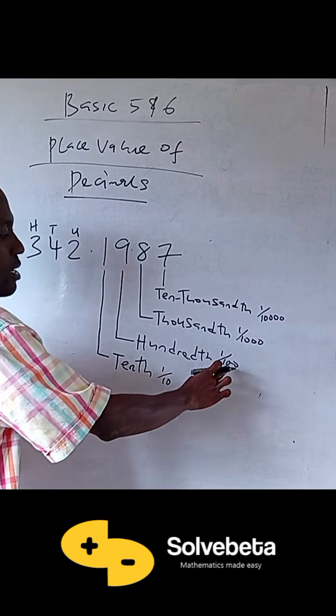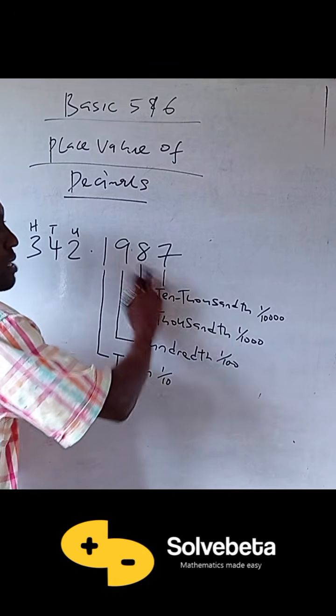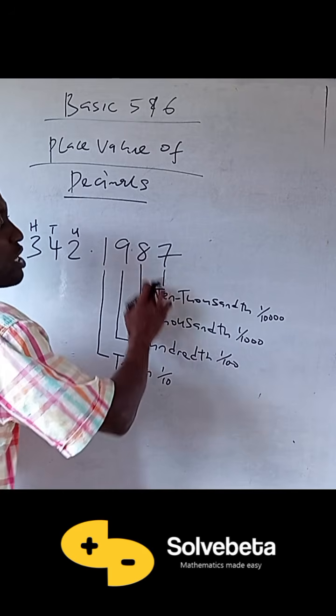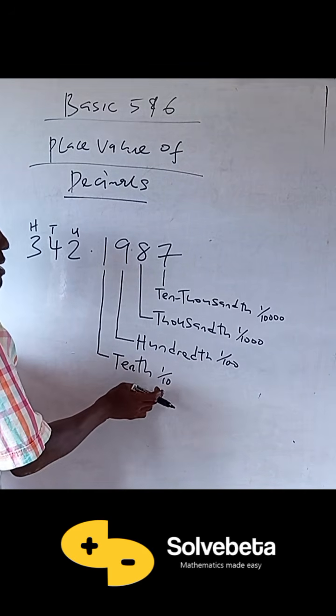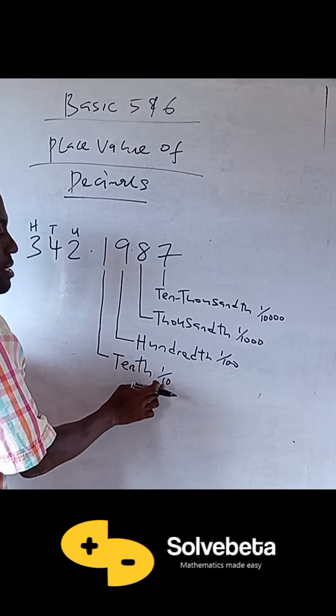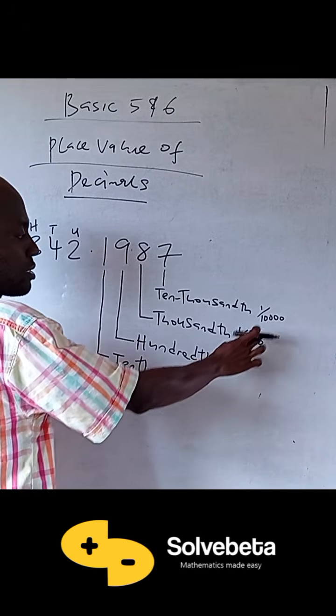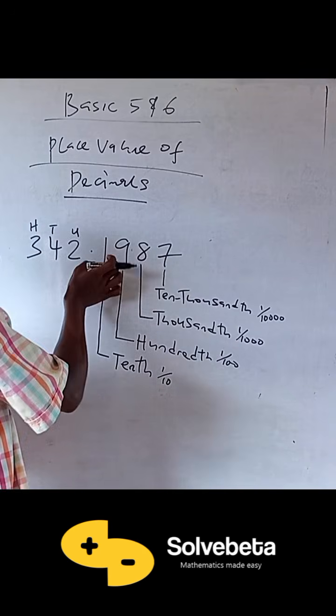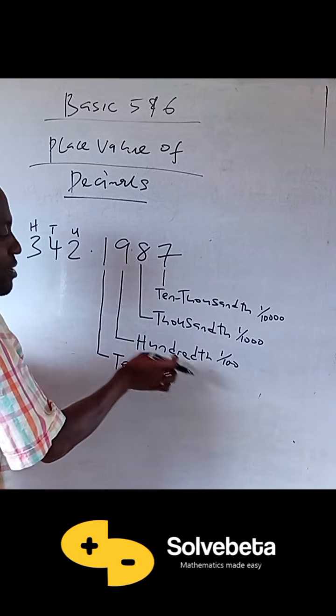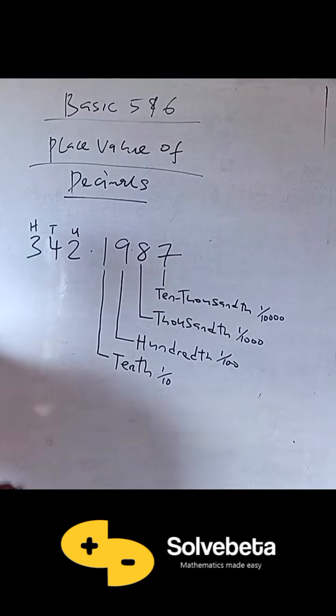This is 8 over 1000. 8 divided by 1000 rather. 7 divided by 10,000. Because each of these place values are divided by multiples of 10 or powers of 10. Each of these are divided by 10, then by 100, and so on and so forth.